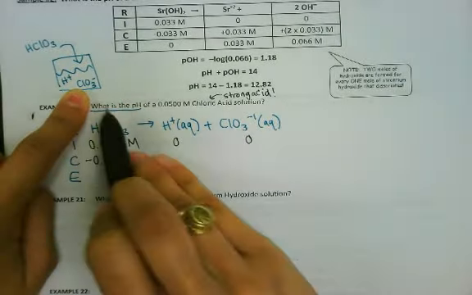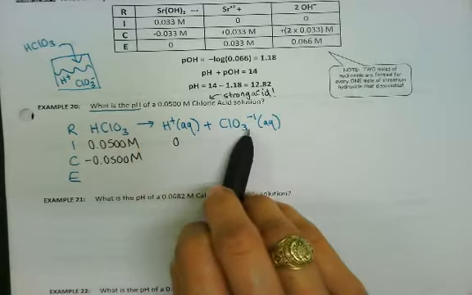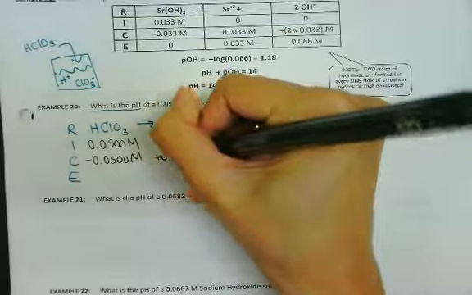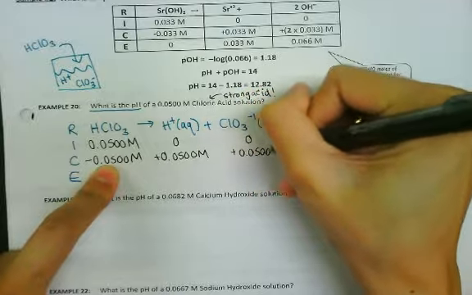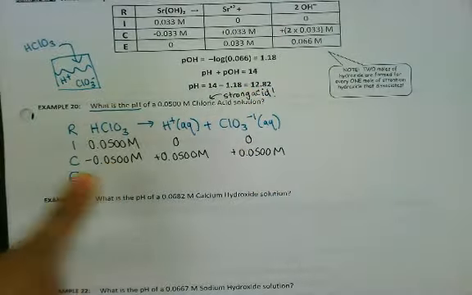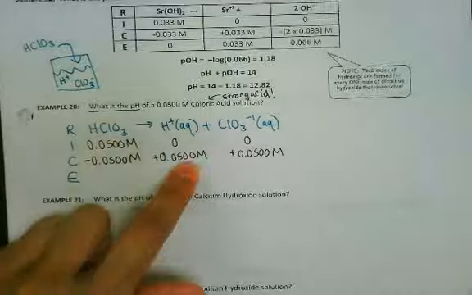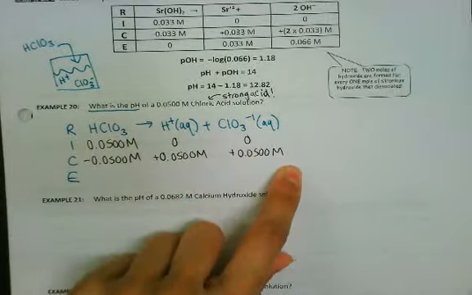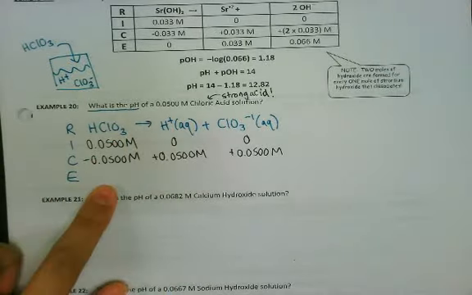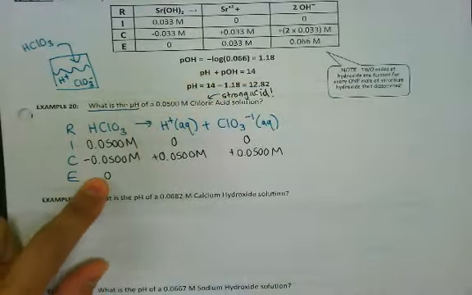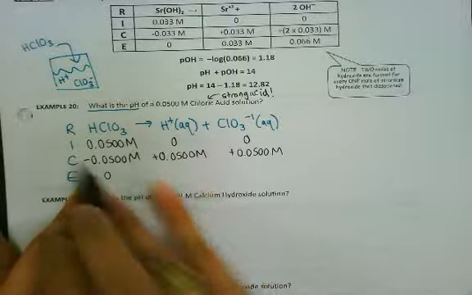So the corresponding increase in concentration for each of these, since we have one of each, is going to be plus this concentration. Remember, each one of these is going to break into one of these and one of these. So these are each going to increase in concentration by the same value. And so the ending concentration is going to be 0 here. Again, this completely split into all of these ions, so we have none left in this form.